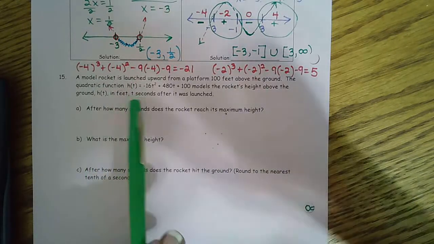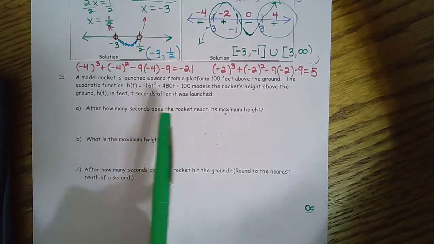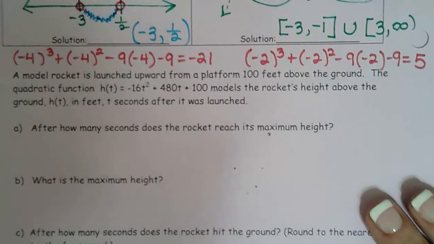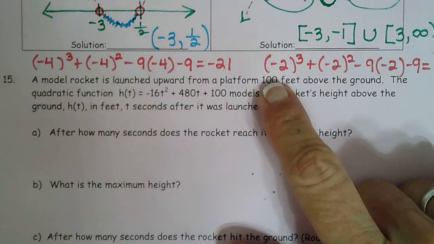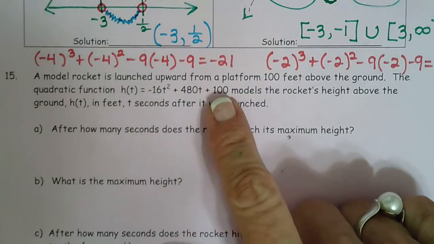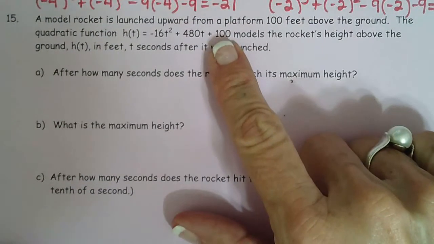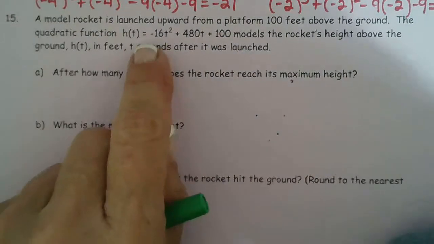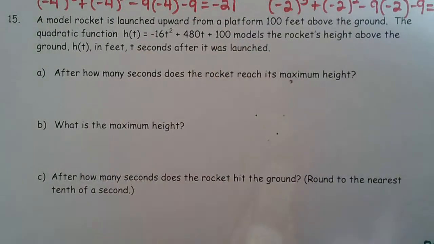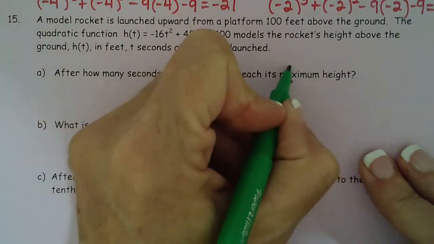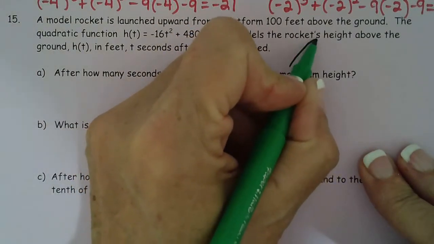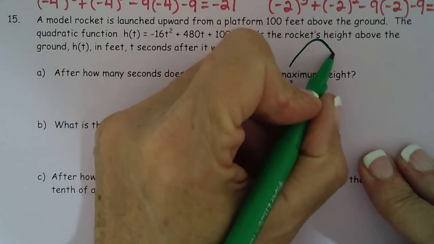So a rocket is launched upward from a platform. I'm going to go back to big. And the platform's 100 feet above the ground, and you can see they already built that into the equation for us. This is the quadratic function that models a rocket, and it makes sense why it would be quadratic, because when you shoot things up, they go up in the air, and then they come back down.